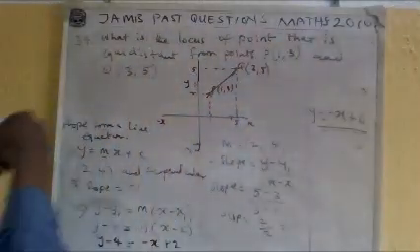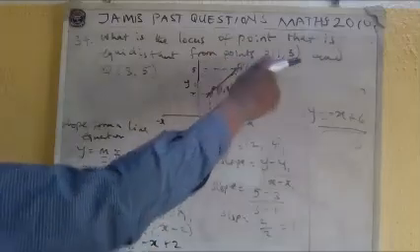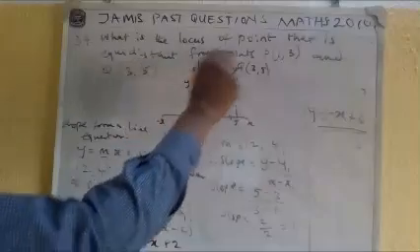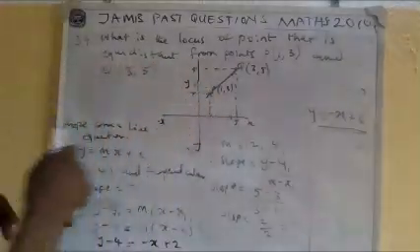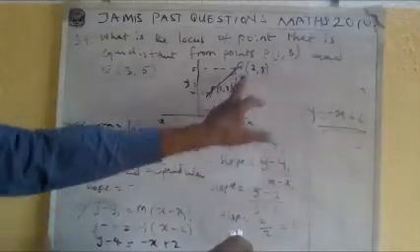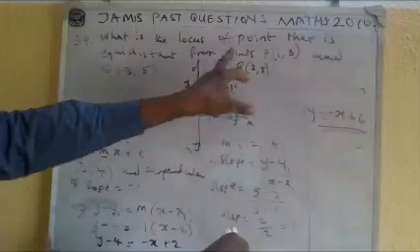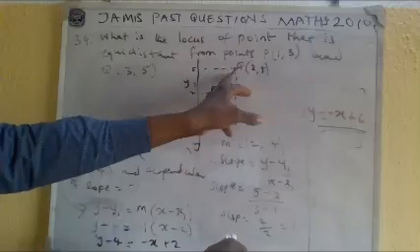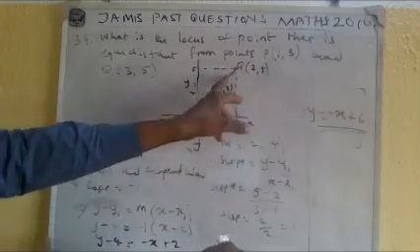What is the locus of a point that is equidistant from these points? This equation satisfies this condition. First of all, what you do is that you are given 2 points with their coordinates. You now say, what's the locus of the point that is equidistant from the two of them? Now, the first thing you do is to find the midpoint. The midpoint is the mid of the coordinates.